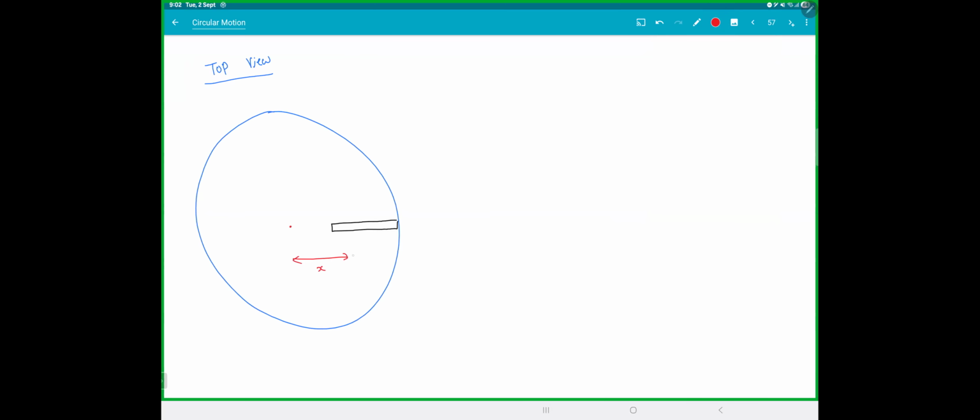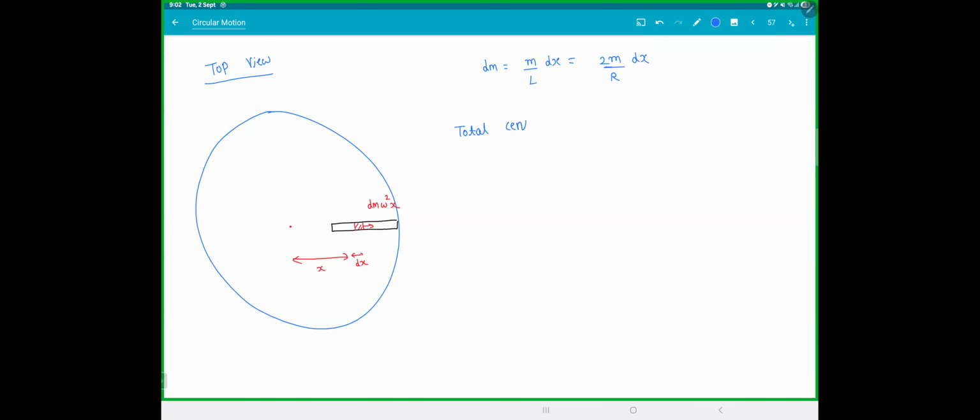So at a distance x, if you take a small slice dx, this will have a centrifugal force dm omega square x. What is dm? Total mass by total length into dx. Here length is given as L by 2, so dm is 2m by L dx. So the centrifugal force on the rod.